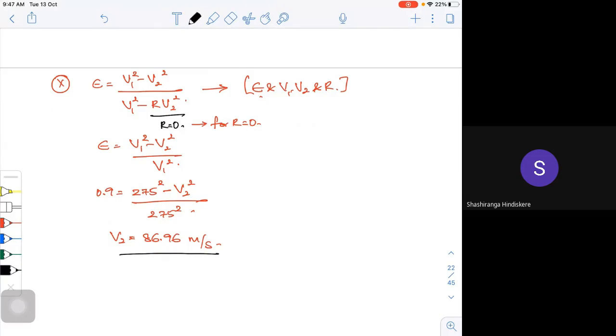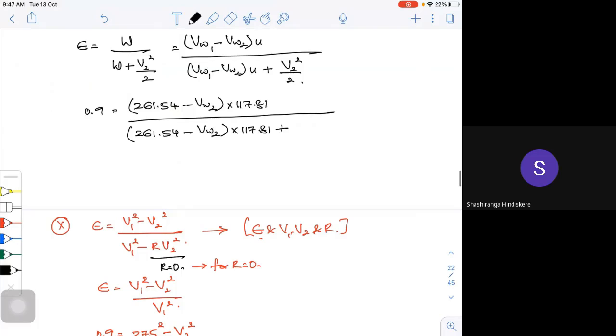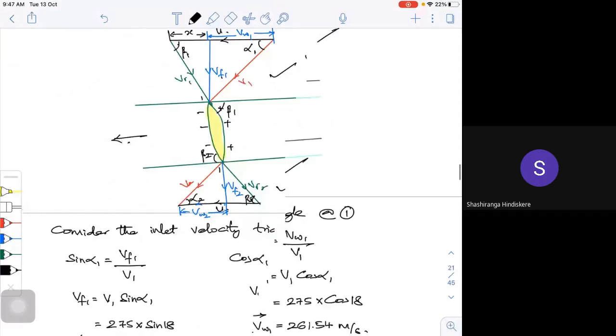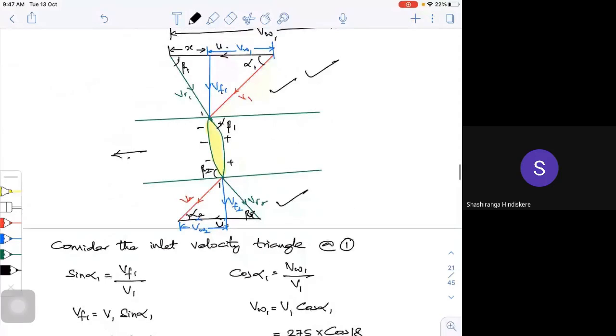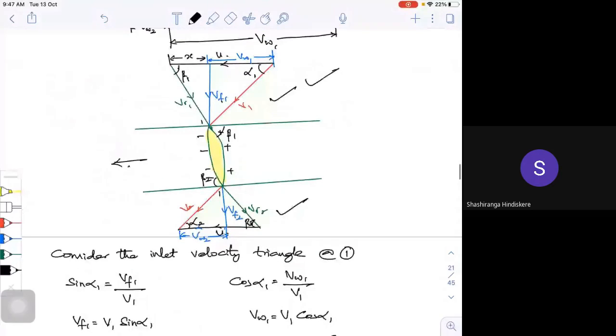Once I find this V2, I'll go to this exit velocity triangle. In the exit velocity triangle, if I consider V2, VW2 and VF2 as a right angle triangle, I can clearly tell V2 square is equal to VW2 square plus VF2 square.